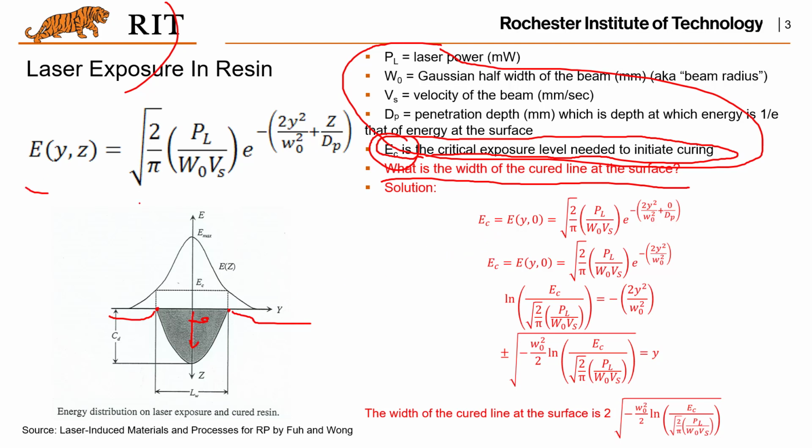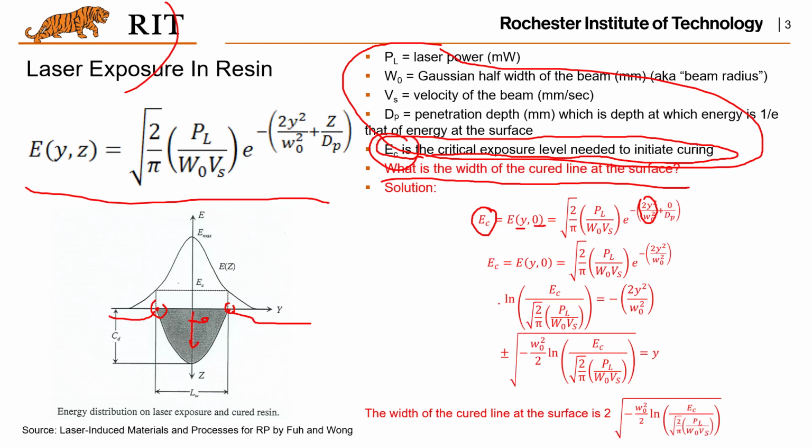How do we use this equation to do the computation? First of all, if we talk about these two points, the z value will be 0, right? We don't know the y, but we know the critical exposure energy, and we just substitute it into this equation, and it turns out we will only have this term left.